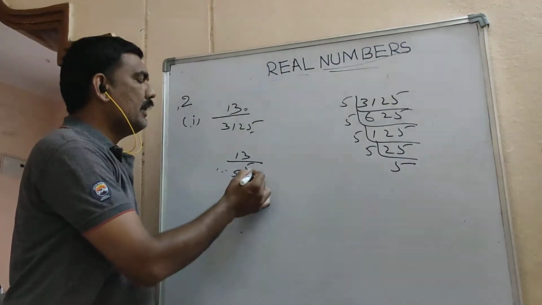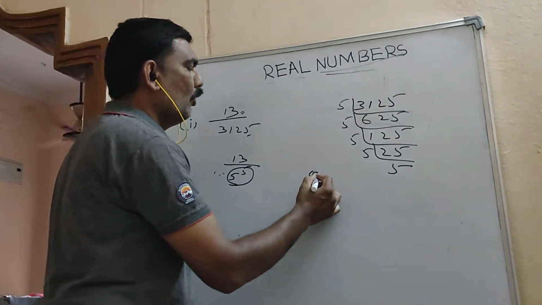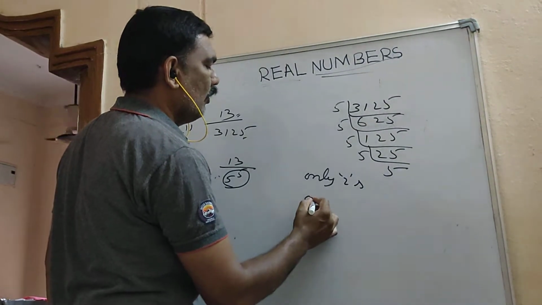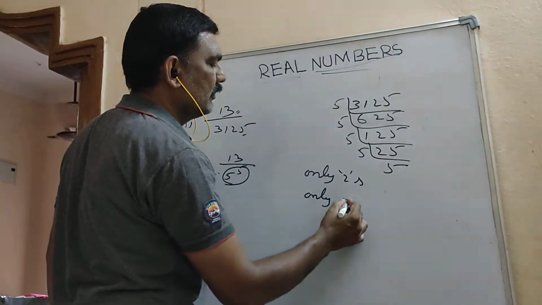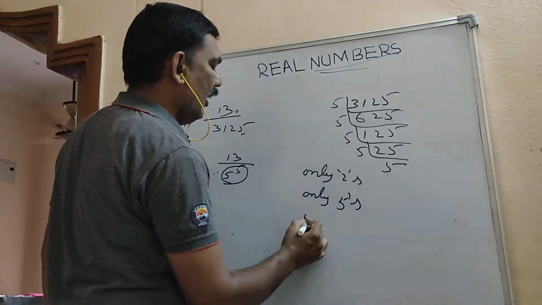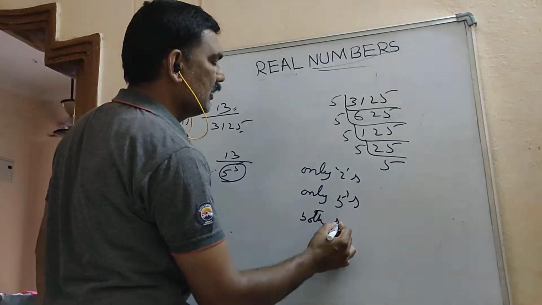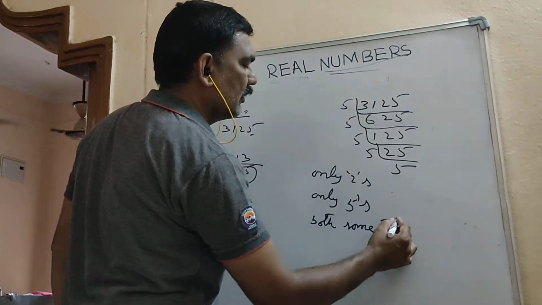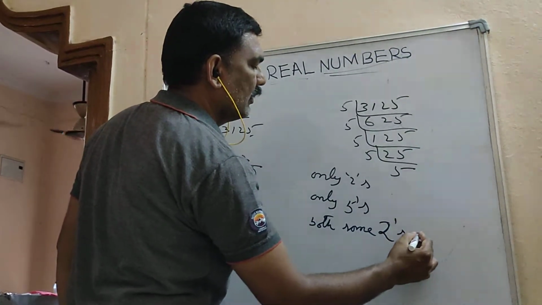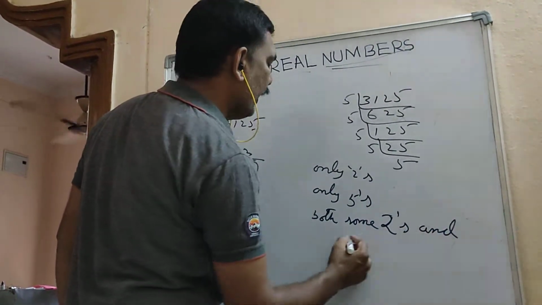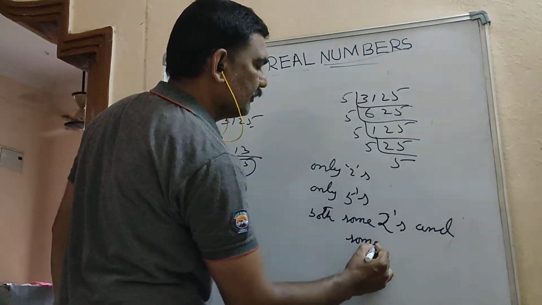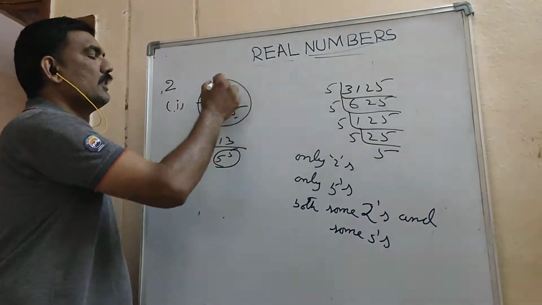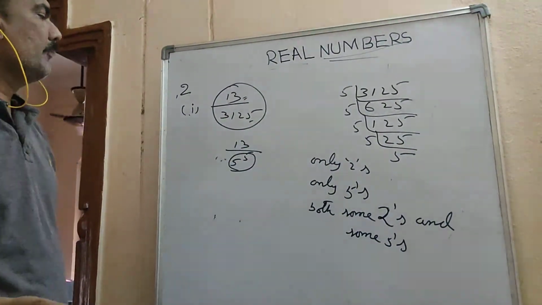So in the denominator, if you have only 2s, or only 5s, or both some 2s and some 5s, then this fraction is called a terminating decimal.